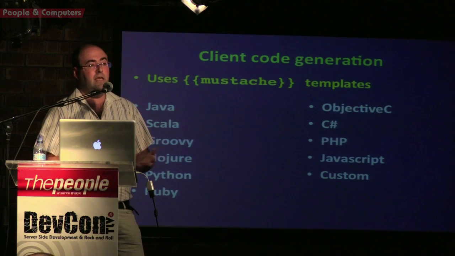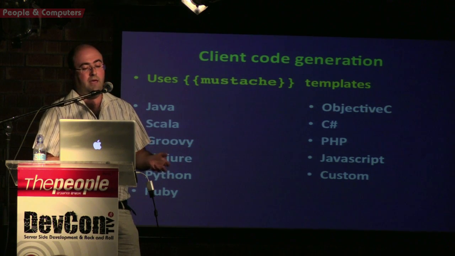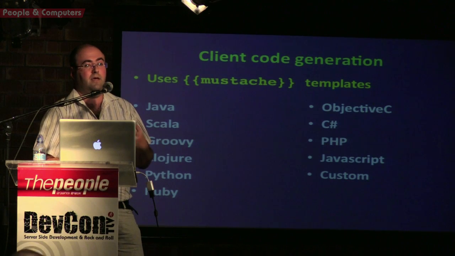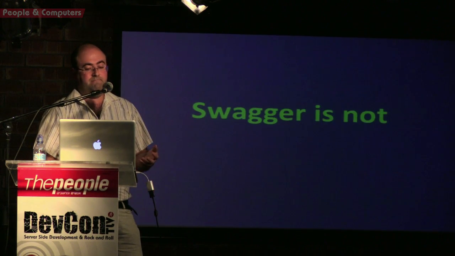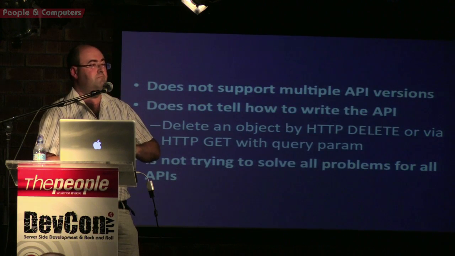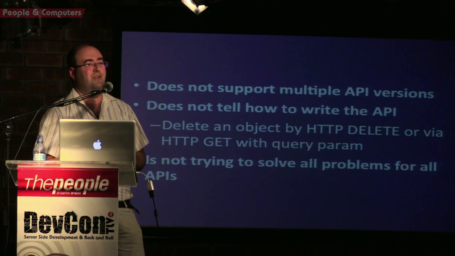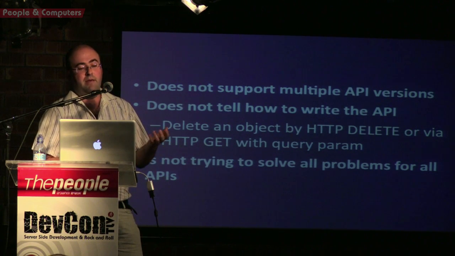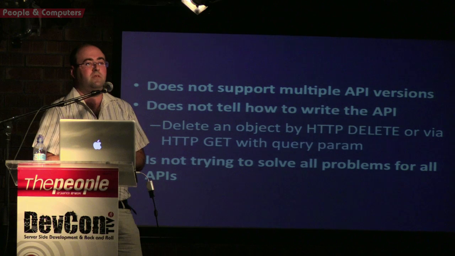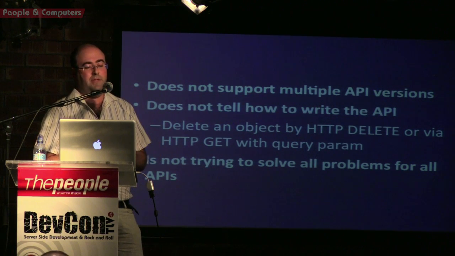And recently I've contributed a template that generates Groovy client code that uses the awesome Groovy HTTP builder. Swagger does not support multiple API versions. It is a very important part of API development, but I believe it should not be too difficult to extend Swagger for this purpose.